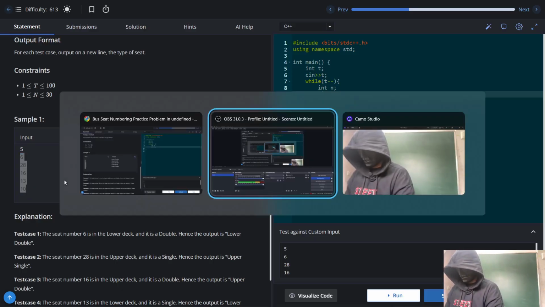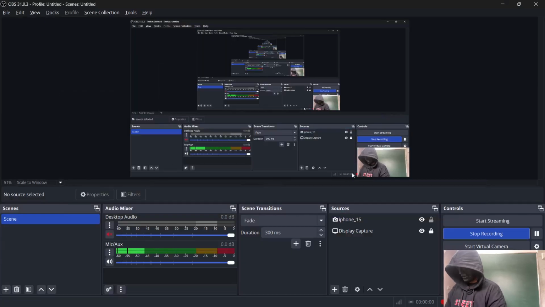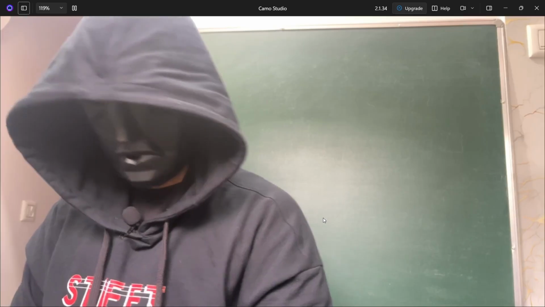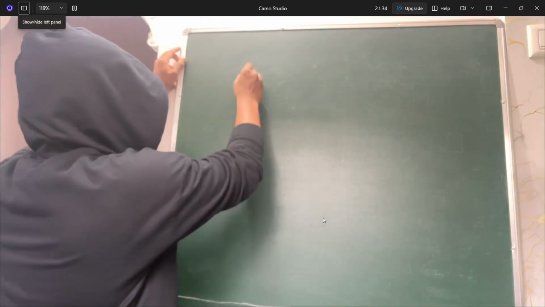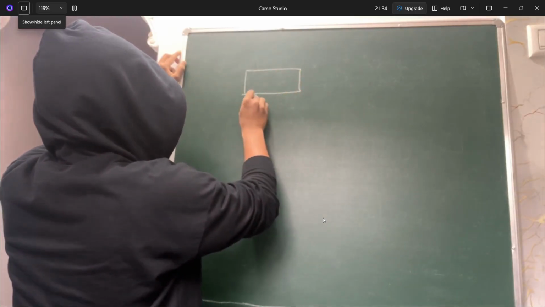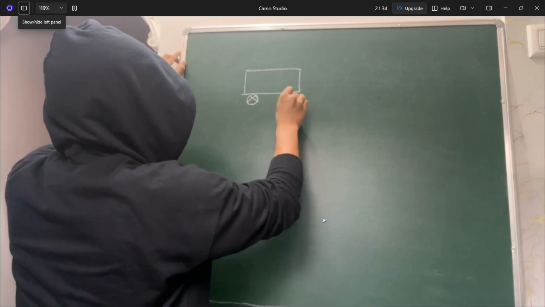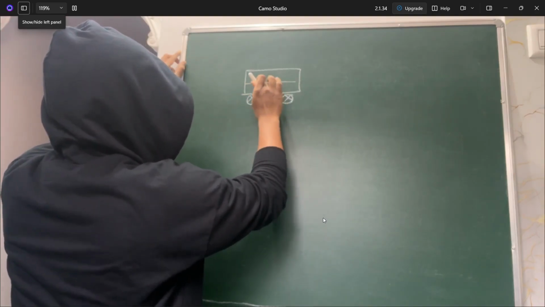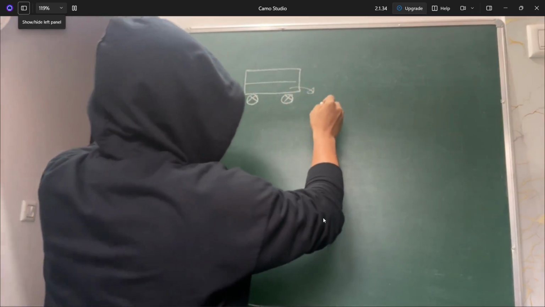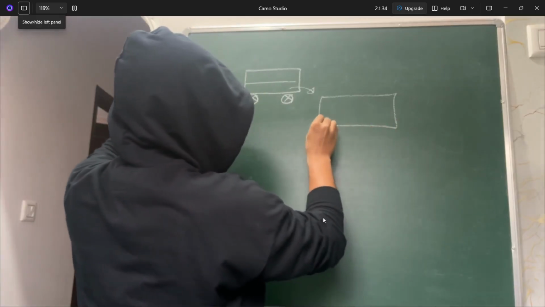So let me take you to the board. The first one is 6. They have said we have a bus. This is a bus, and this one is the lower deck and this one is the upper deck. In the lower deck, the seat arrangement is in this way.